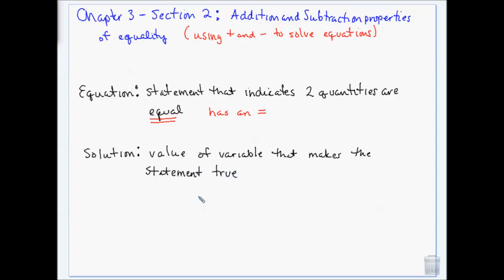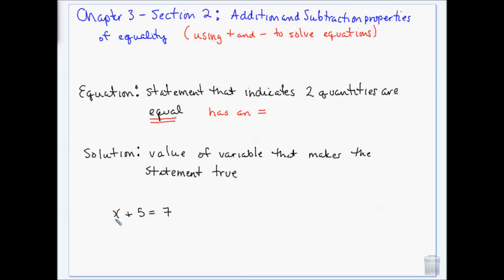So when we're solving equations, essentially what we're doing is going on a scavenger hunt to find the number that we can plug in for the letter that makes a true statement. For example, if I have x plus 5 equals 7, there's only one number I can put here that's true. 2, right? 2 plus 5 equals 7.